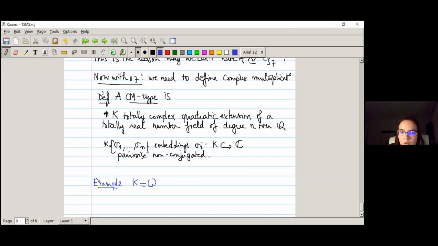K equals Q bracket J, quadratic over Q. So here degree n is 1, with embedding. So how do you embed Q bracket J in C?